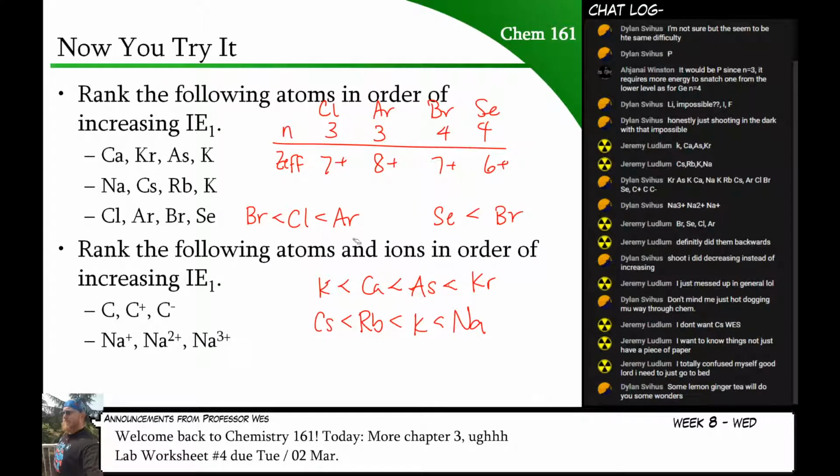Because I got these three figured out. And if selenium's less than bromine, well, it's just going to go right in the start there. So that's our order. Selenium must be the lowest, easiest to ionize. Then bromine. Then chlorine. Then argon.